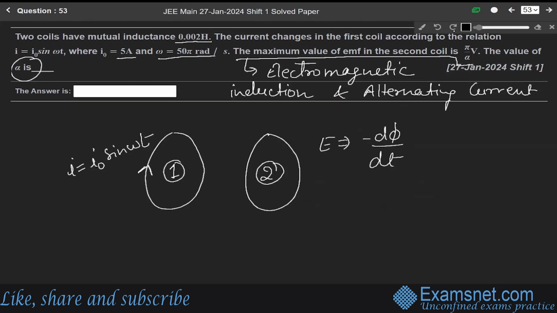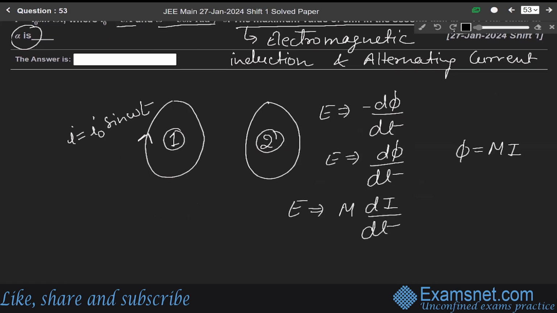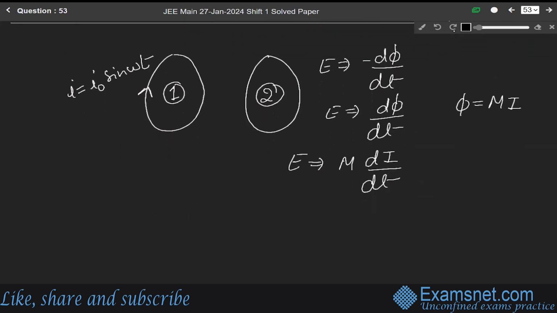Taking only the magnitude, E equals d phi over dt and phi equals M into I. So E equals M di over dt, which equals M d by dt of I, where I is I naught sine omega t.